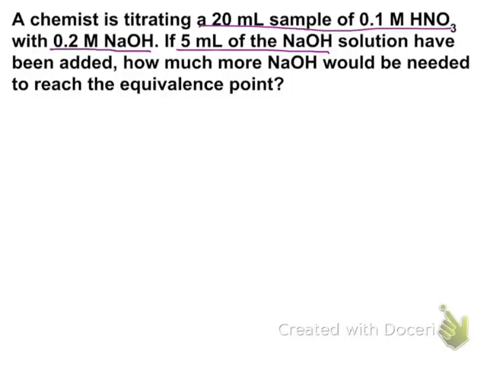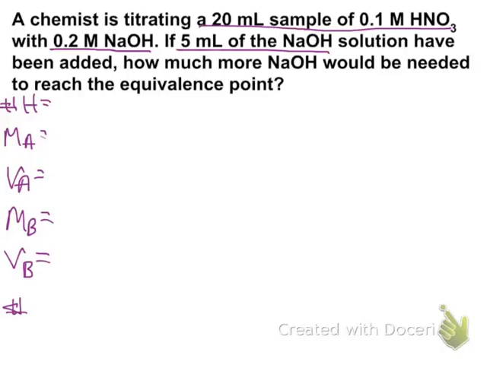So we're just going to use the same equation we've been using. So we've got our number of H, molarity of our acid, volume of our acid, molarity of our base, volume of our base, and our number of hydroxides.